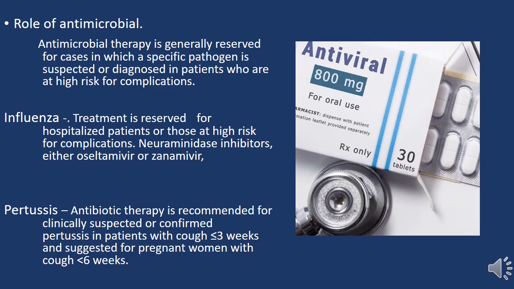For influenza, treatment with neuraminidase inhibitors like oseltamivir or zanamivir is reserved for hospitalized patients or individuals at high risk for complications. In cases of clinically suspected or confirmed pertussis, antibiotic therapy is recommended, particularly in patients with cough lasting up to 3 weeks. It's also suggested for pregnant women experiencing cough for less than 6 weeks.